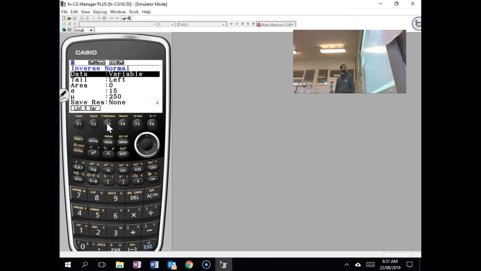Now, the data we keep is variable all the time. The tail is either going to be to the left or to the right. What the tail means is, where is all the area that we're putting in? We saw on the diagram that the area is to the left of the value we're looking for, so we're going to keep the tail as left.